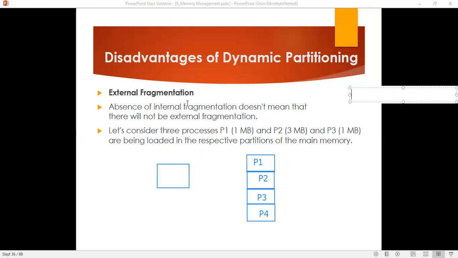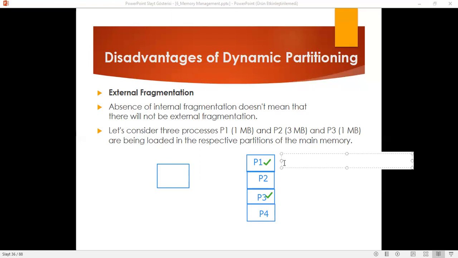Let's say this time P1 and P3 are executed. Let's say P1 is 2 megabytes again, and P3 is 3 megabytes. And we have P5, let's say again 4 megabytes.